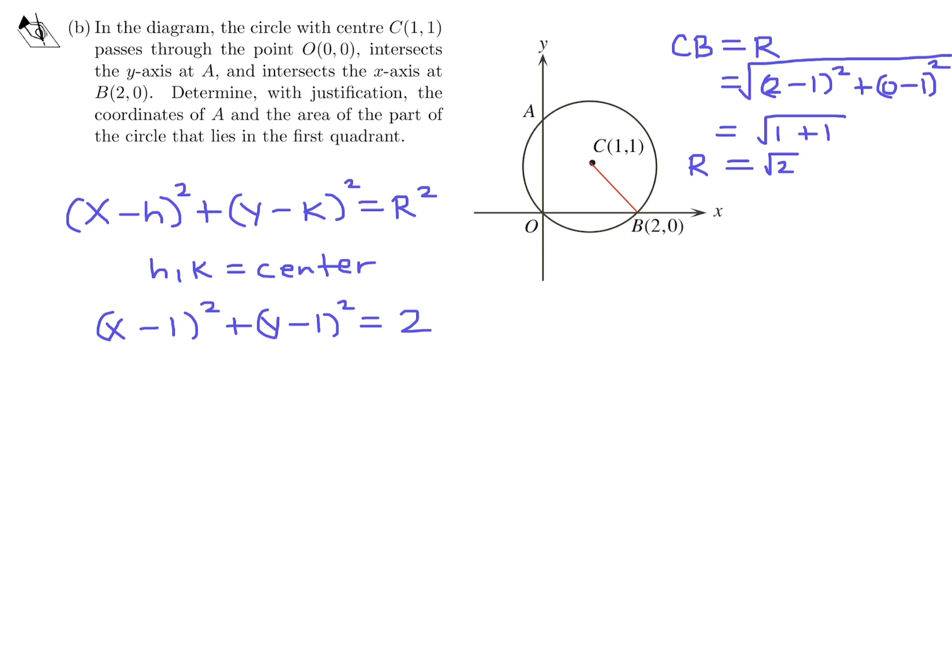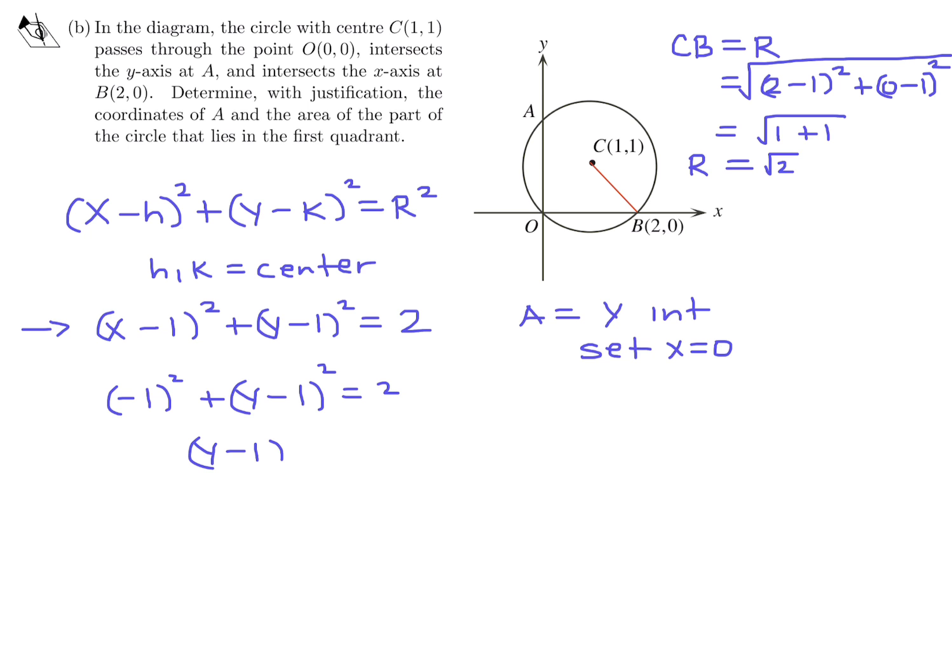Now we can find A pretty quickly. Since A is the y-intercept, we find that by setting x to 0. So let's do that. Set x to 0 in this equation. That'll give me (negative 1) squared plus (y minus 1) squared is equal to 2. So (y minus 1) squared is equal to 2 minus 1, which is 1.